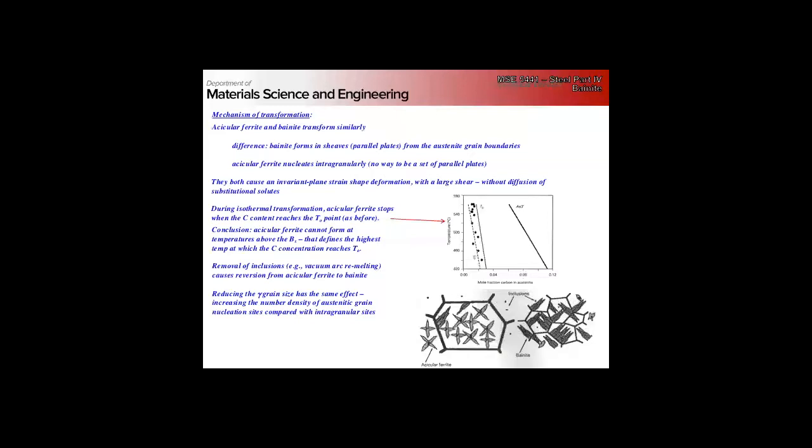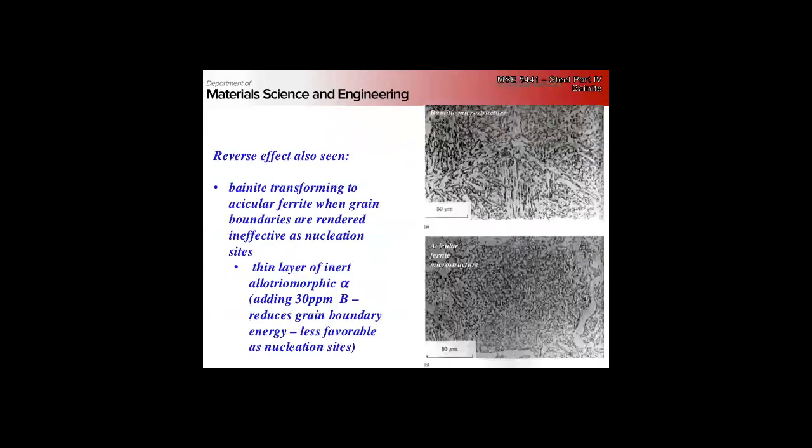Right? Think about it in the same way as you do about idiomorphic versus allotriomorphic ferrite, that diffusional ferrite, right? If you have lots of nucleation sites, you're going to grow ferrite at the grain boundaries, right? If you have inclusions and intermetallics in the grain, you're going to grow idiomorphic, right?